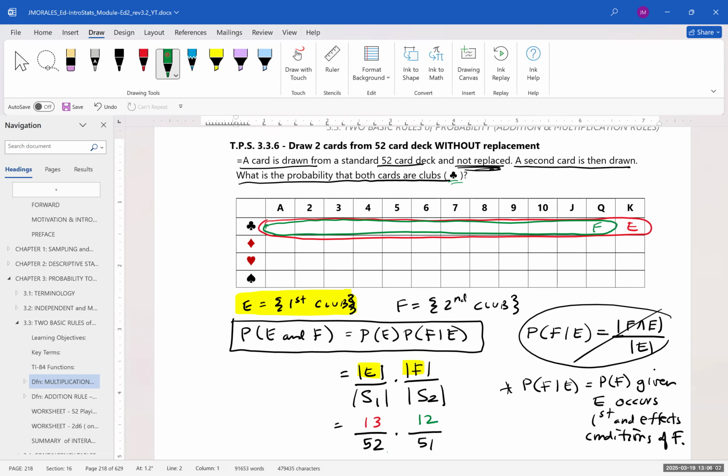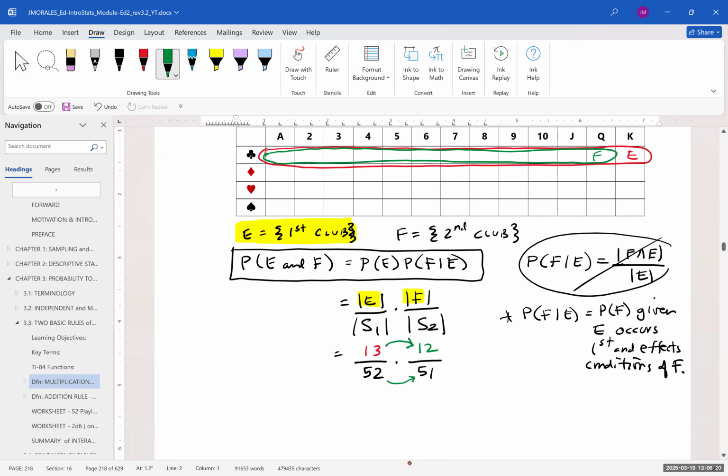So not only did the sample size go down by 1 because we took a card and kept it, but because we're actually drawing two of the same suit, the number in the suit is always also going down by one. So really a simple scenario, but a simple scenario where you really have to think about it.